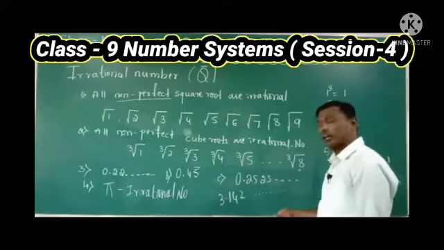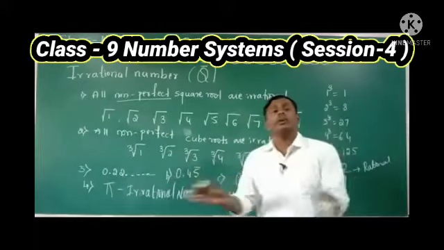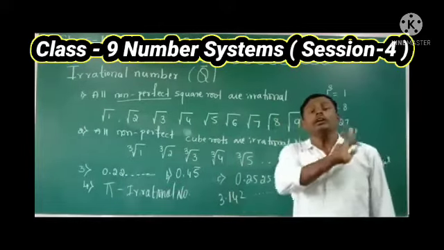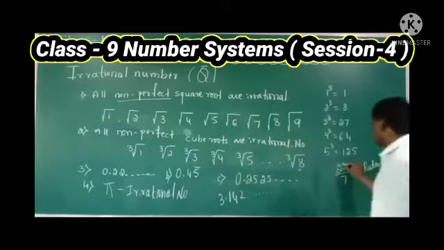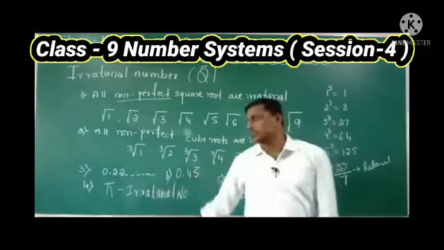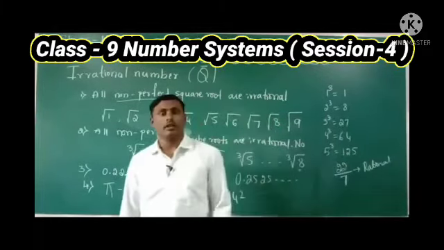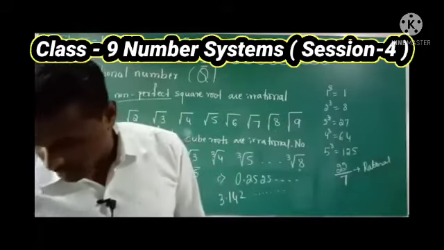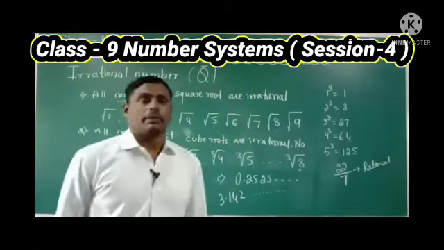Even if we calculate millions of terms, the number will not terminate. It means 22 will not be completely divisible by 7. So pi is also an irrational number. These are some examples of irrational numbers.